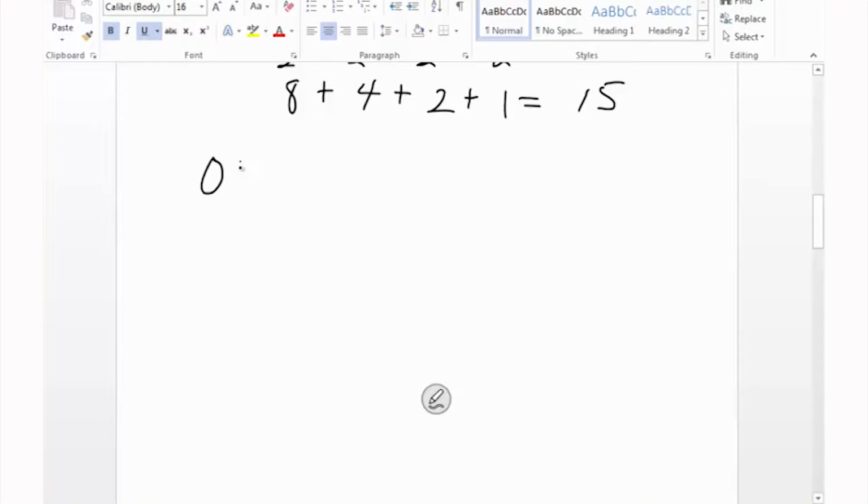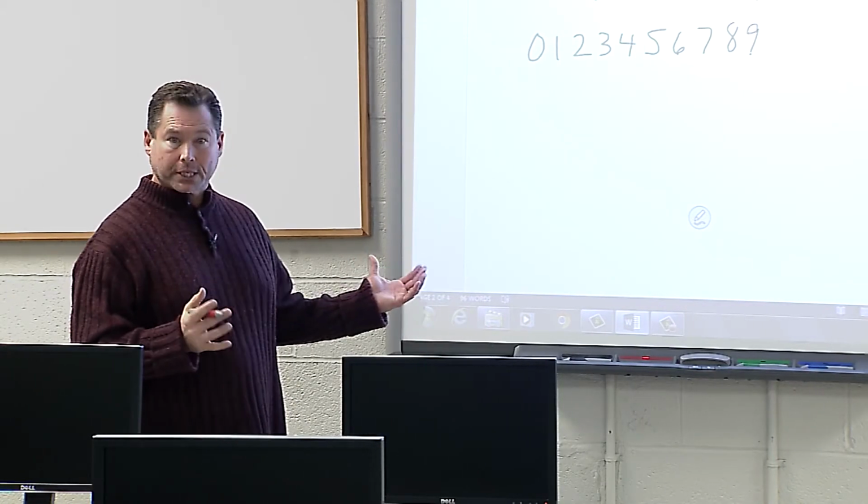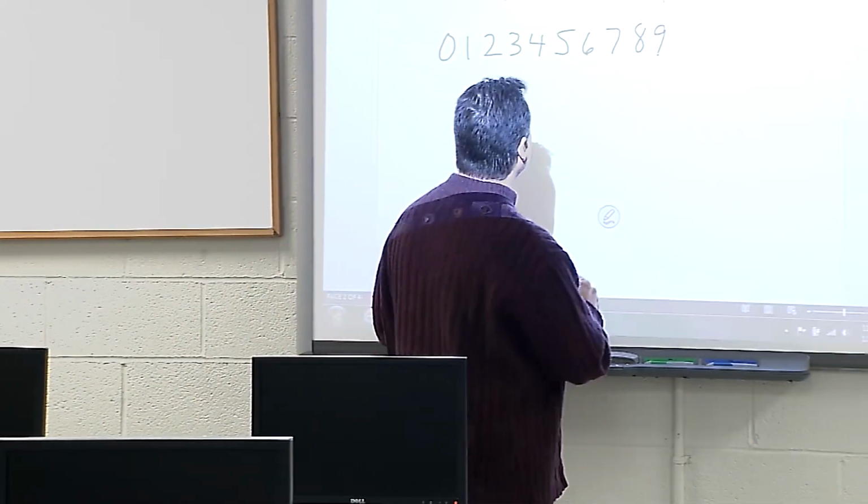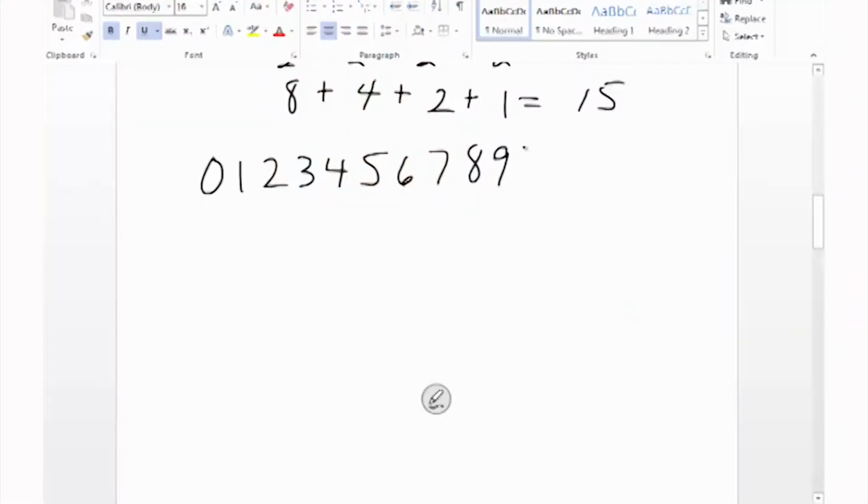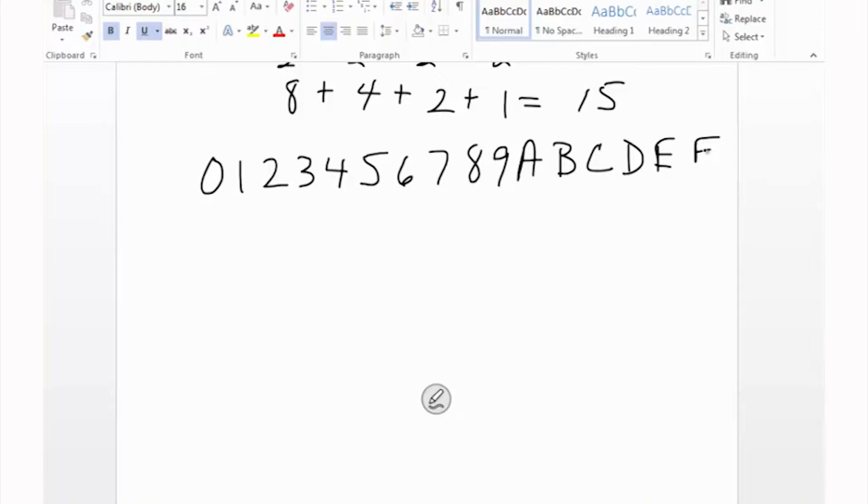That's 0, 1, 2, 3, 4, 5, 6, 7, 8, and 9. But that's only 10 representative symbols, and we need 16. We need more than we have here. So what we're going to do is begin to use letters. We're going to say that's A, B, C, D, E, and F. And you'll notice that that gives us 16. And the hexadecimal system is a base 16 system.